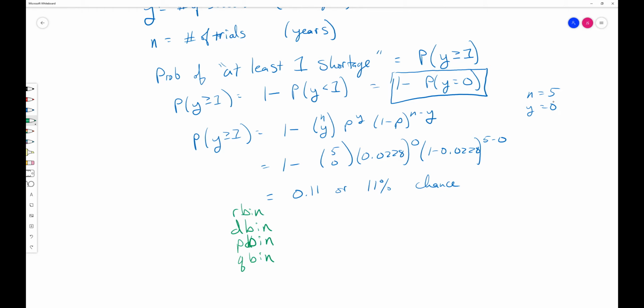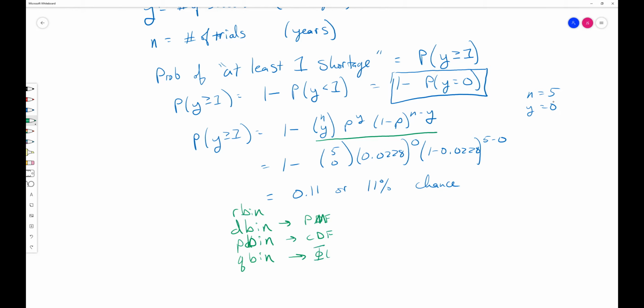And the way we would calculate this, so this is the PDF right here. So dbinom is density. So this gives us our probability density function, or in this case, it's really just a mass, right? Probability mass function. This is our CDF. And then this is the inverse CDF. So this is like your phi function, right?